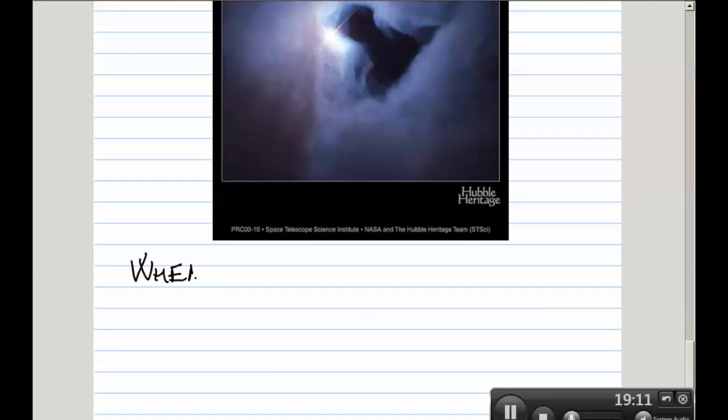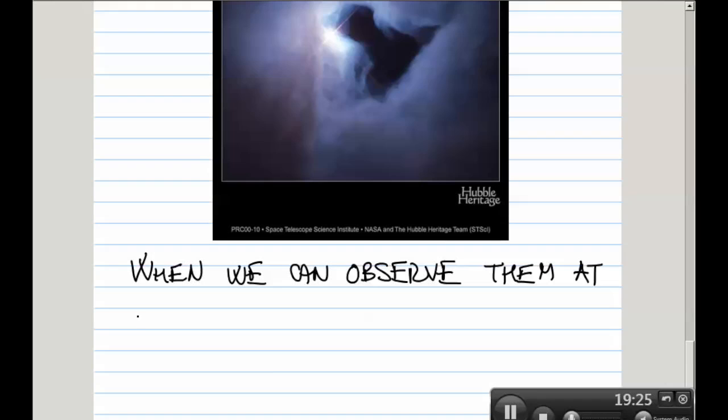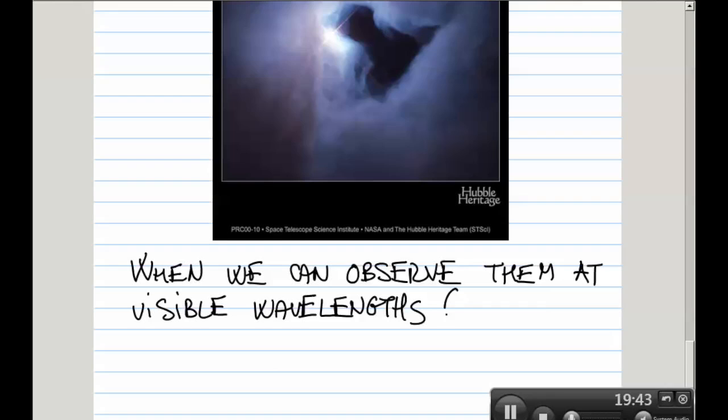When we can observe these clouds of gas and dust at visual wavelengths, from 400 nanometers to 700 nanometers, we call them nebula. That's the part of the spectrum of visible light.